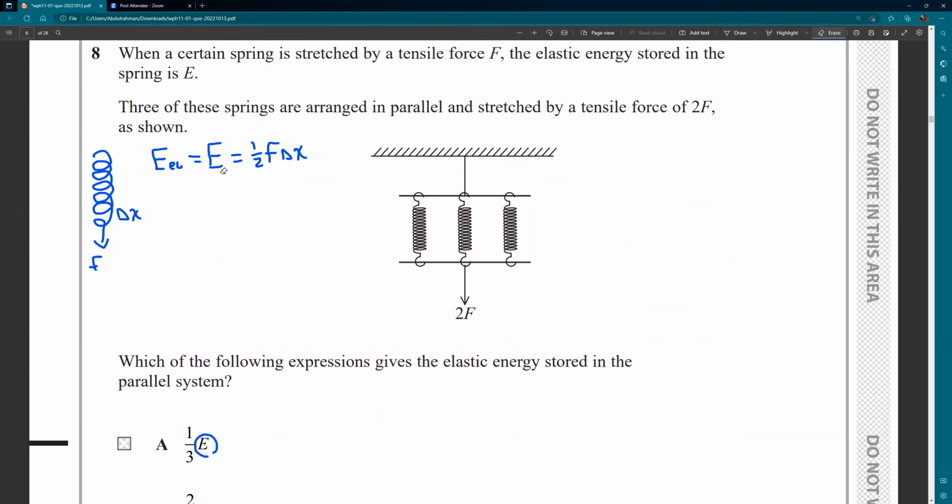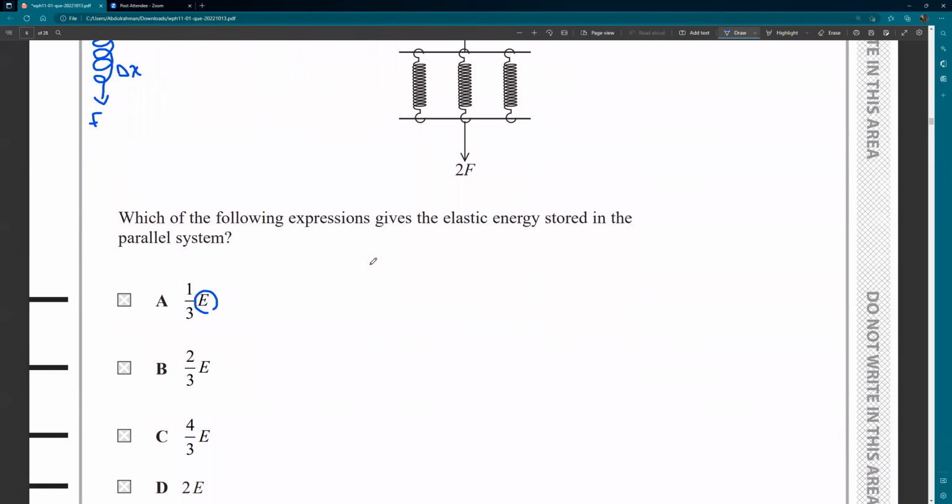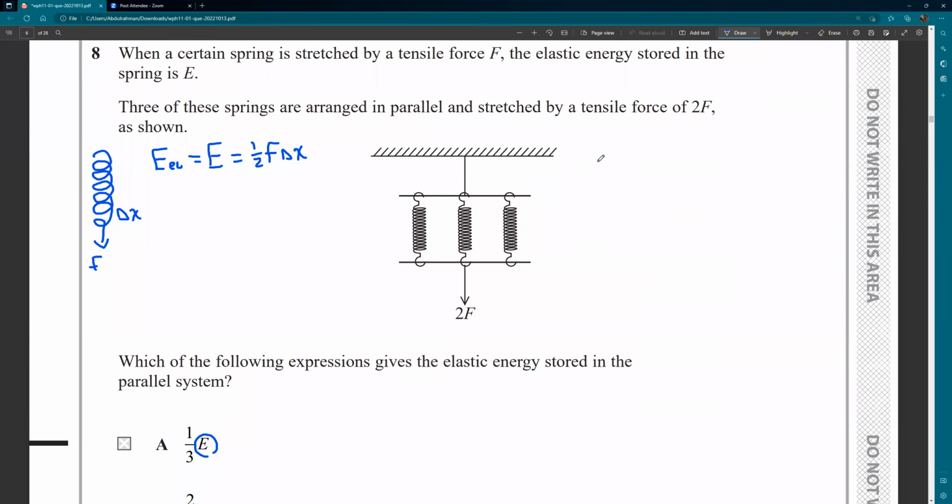So what we're going to have to do is treat this as one spring and get an expression for its elastic energy, and see how it's related to the elastic energy stored in just one of those springs. So let's say that the elastic strain energy of the new system is equal to half multiplied by the new force, which is 2F, multiplied by the new extension.